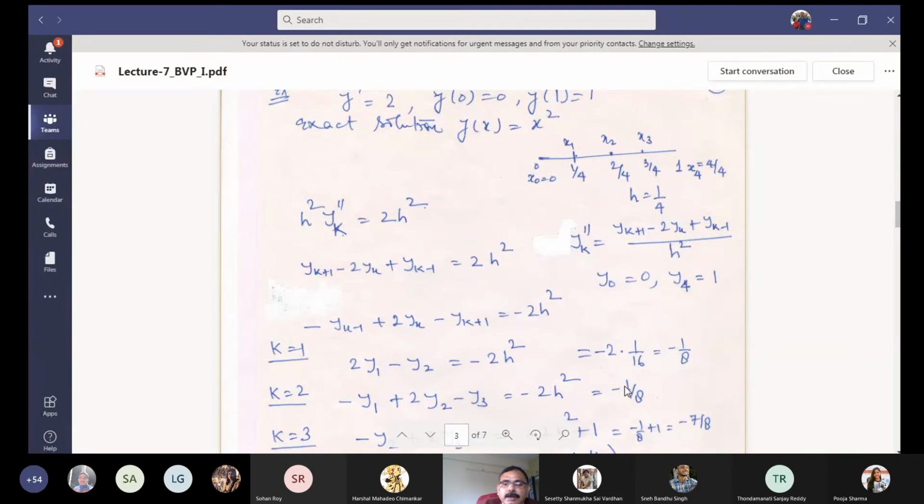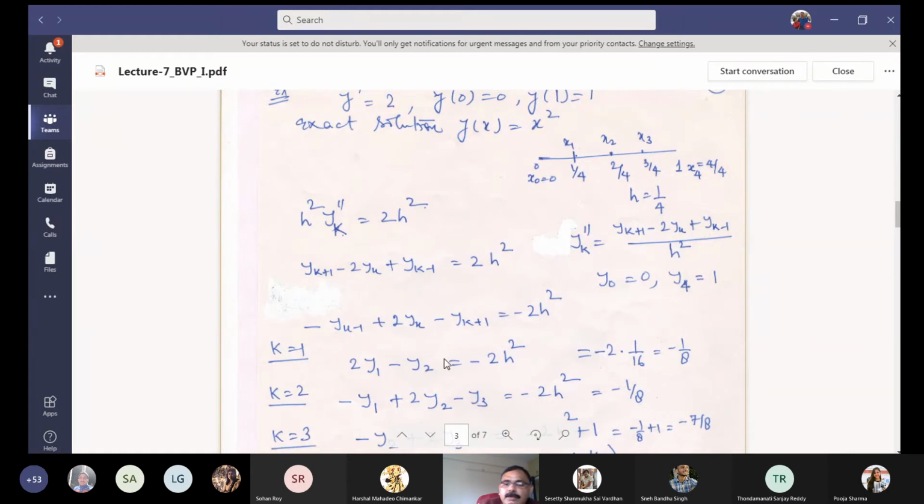H is the same, so again it is minus 1 by 8 for k equal to 2. Get this? Pooja Sharma, do you understand this, or is there any trouble? I understand, sir. Okay, so write this as equation number 2.